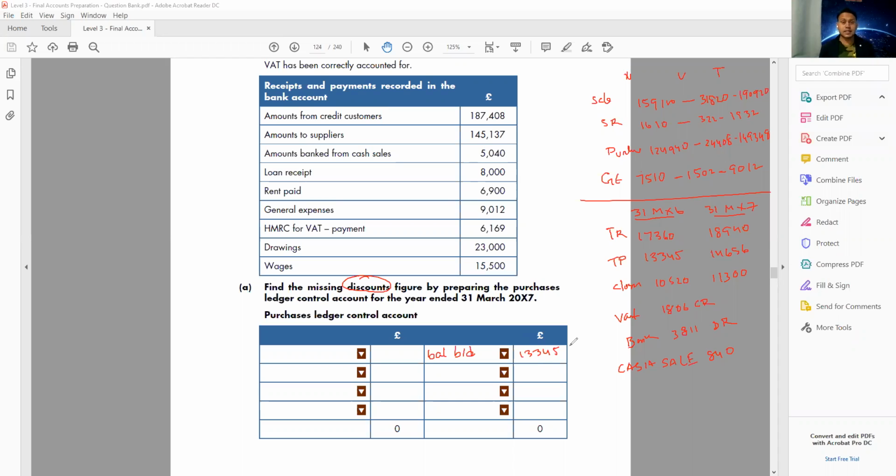Then what is the next thing I'm looking for in the purchase ledger control account? The next thing will come from the purchase: how much VAT we're going to claim, and how much purchase we're going to include here. How much is the total purchase for the whole period? We can see the total purchase is 149.